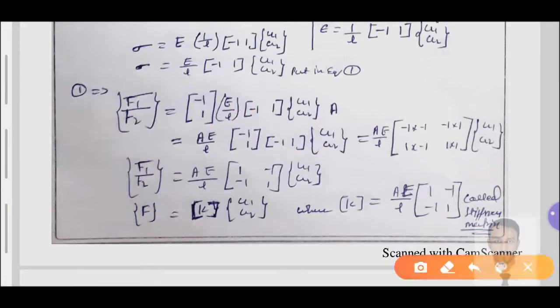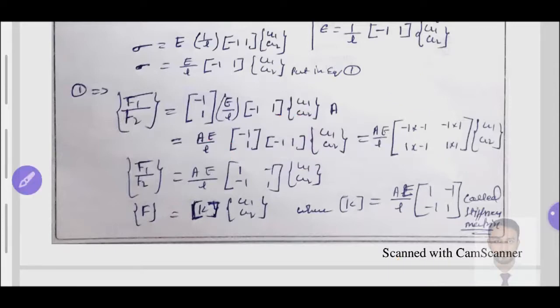Then second row first column: 1 into minus 1. Then second row second column: 1 into 1.